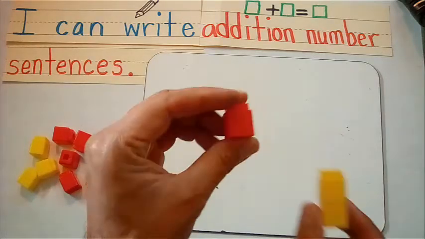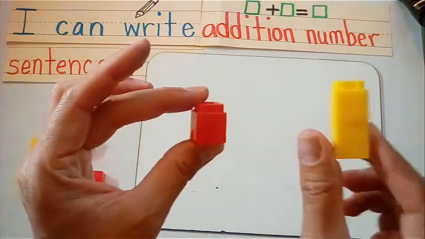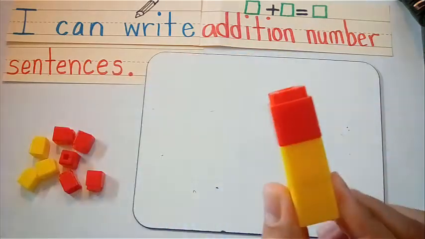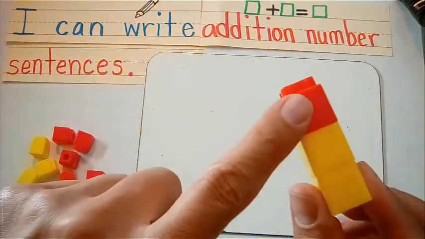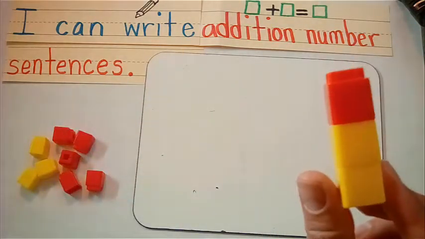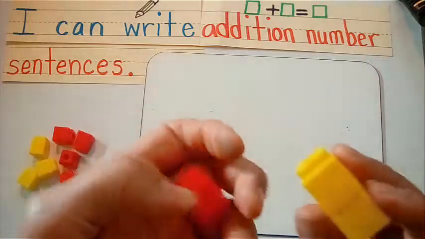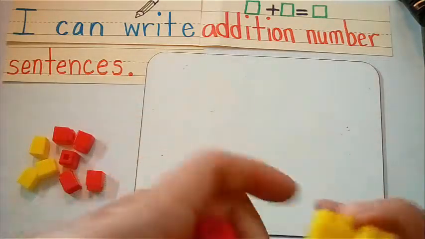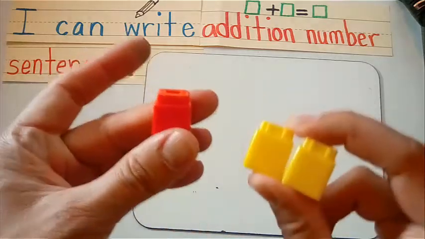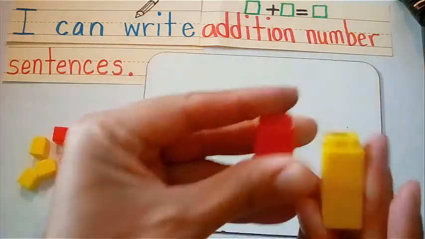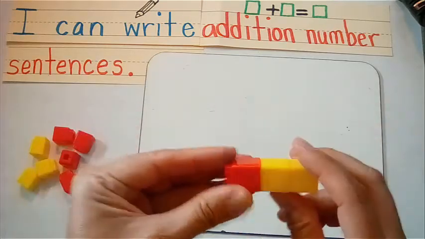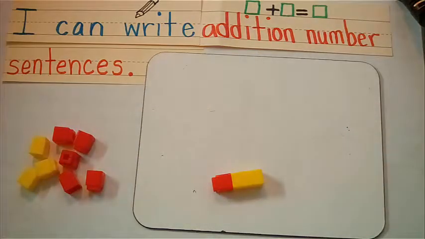So, I have 1 cube plus 2 cubes equals what? 1, 2, 3, equals 3. How can I write that as a sentence? Let me show it to you again. I have 1 cube plus 2 cubes equals 3 cubes.